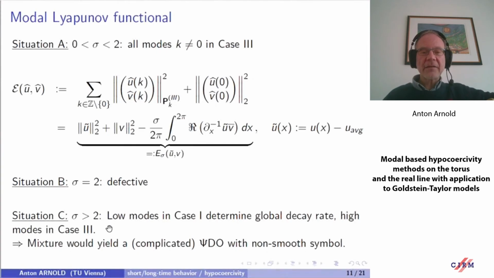So if we again think back to the same strategy, we would get two different symbol matrices, symbols for a pseudo-differential operator, for the low and the high modes. If you want to translate that back to physical space, we would have a pseudo-differential operator with a non-smooth symbol, which would be very impractical to do computations on.